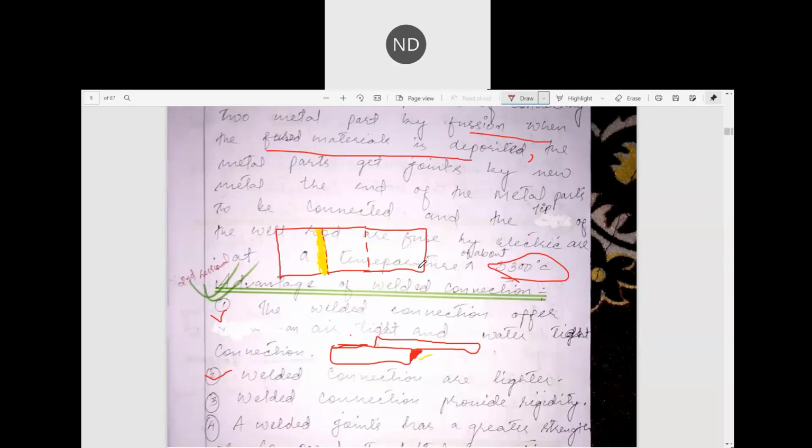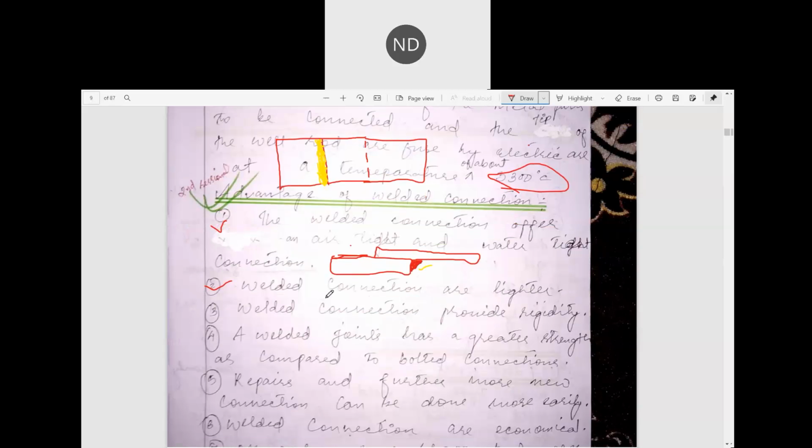But in the bolted connection, you are again using different materials like bolts, rivets, etc. So the self weight of those bolts or rivets is increasing the weight of the entire connection. But in the case of welded connection, these are lighter as compared to your bolted connection.